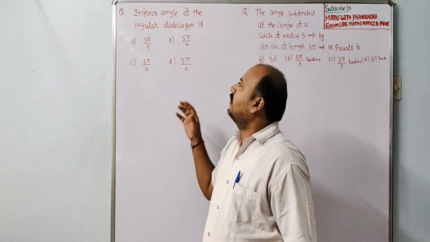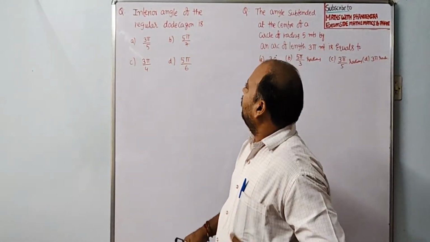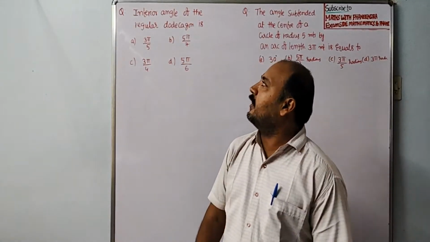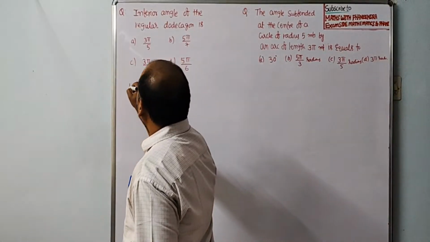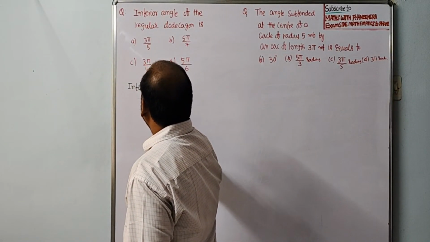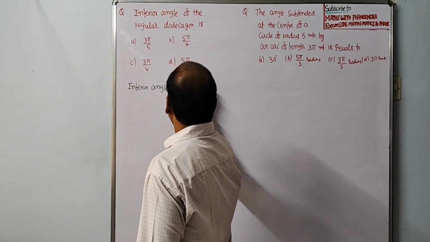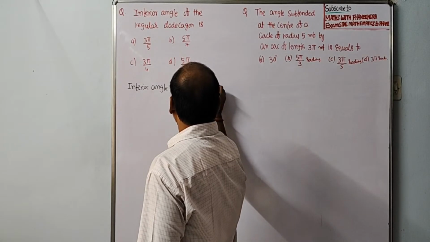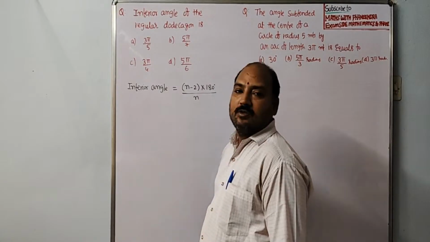The first question: the interior angle of a regular dodecagon is... What is the formula for interior angle? Interior angle equals (n minus 2) times 180 divided by n.